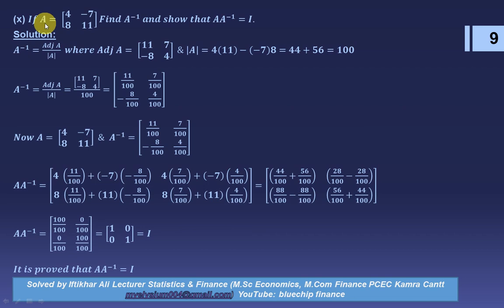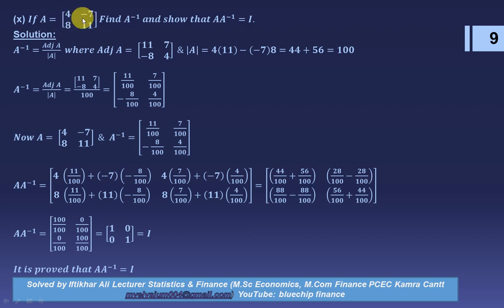If matrix A is [4, -7; 8, 11], find A inverse and show that A multiplied by A inverse is an identity matrix. So first of all, A inverse is always equal to the adjoint of A divided by the determinant of A. In the adjoint of A, we just change the location of these two numbers and change the signs of these two numbers.